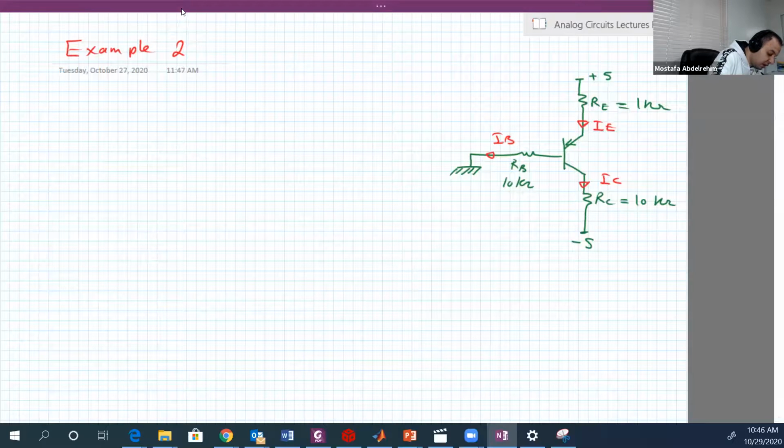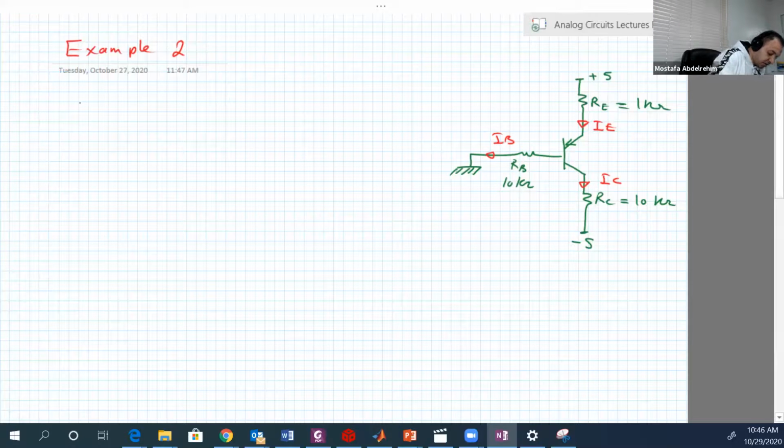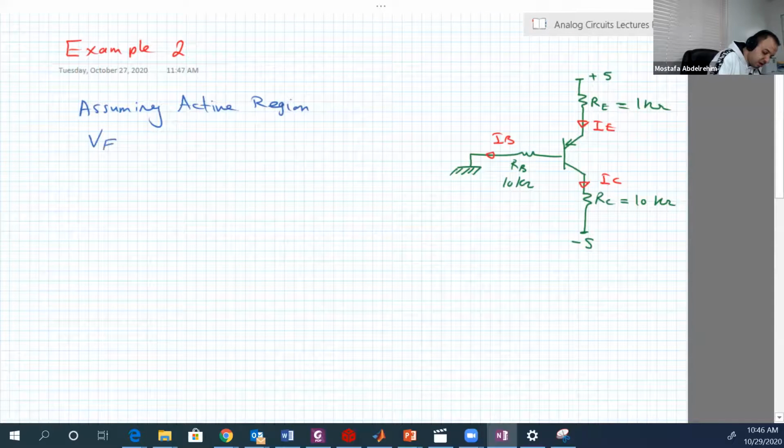Again, we start by assuming the active region. So VEB is equal to 0.7. This is the emitter, this is the base, this is the collector. So this is VEB, 0.7.